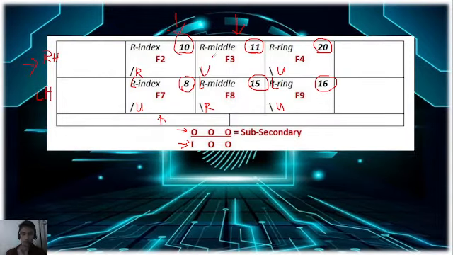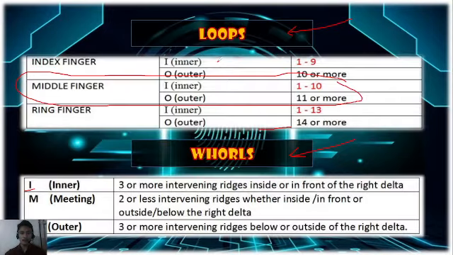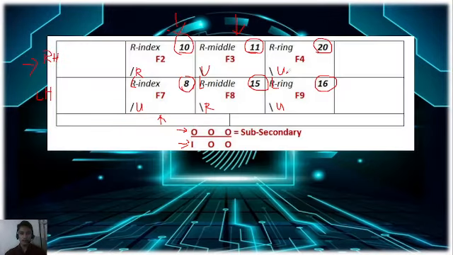So, balikan natin. Si right middle finger, is it inner or outer? So, sabi natin 1 to 10 inner. 11 or more, that is considered to be as outer. Kaya, O po yung nalagay dito. Diba? And then, ganun din sa baba. Kasi it's more than 11.